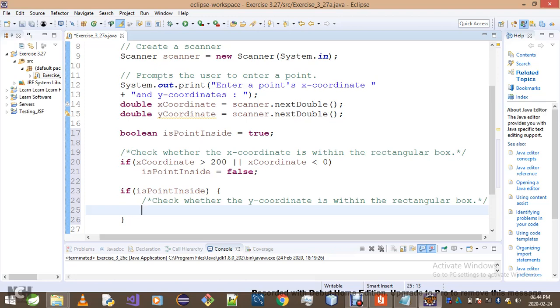I'll simply go: if y coordinate is greater than 100, or y coordinate is less than 0. This is what I'm checking, folks.